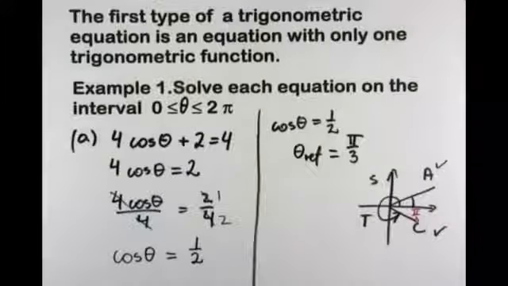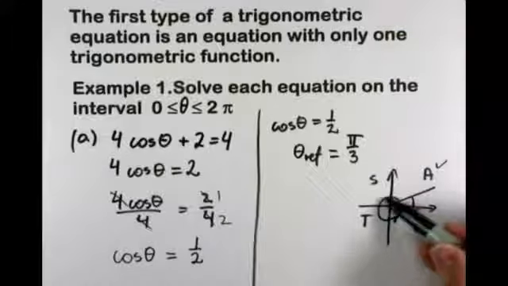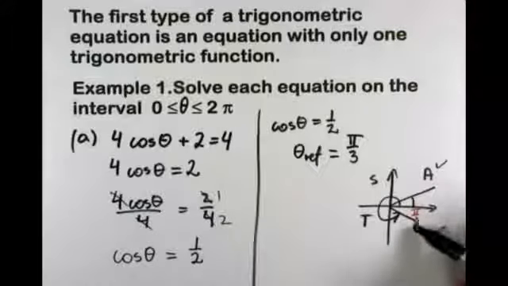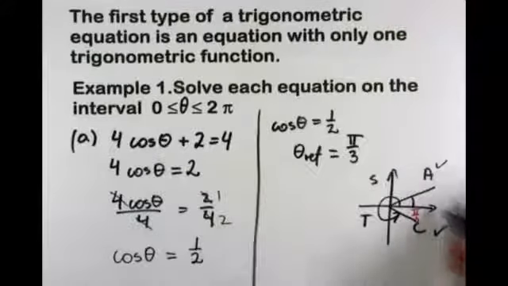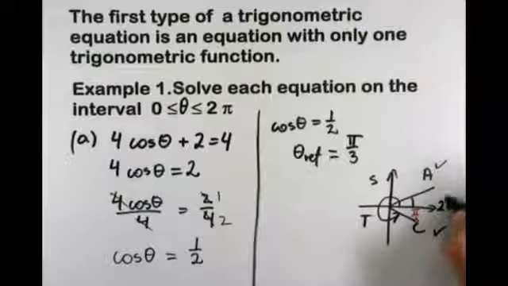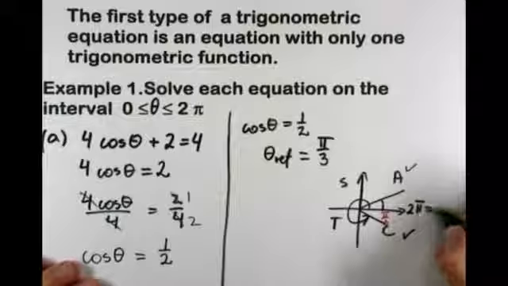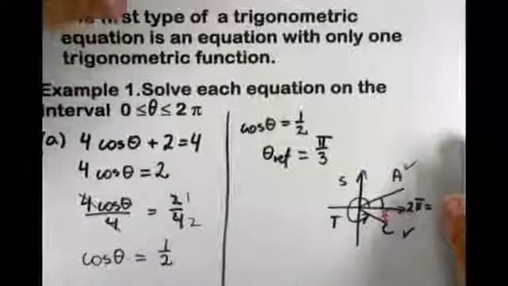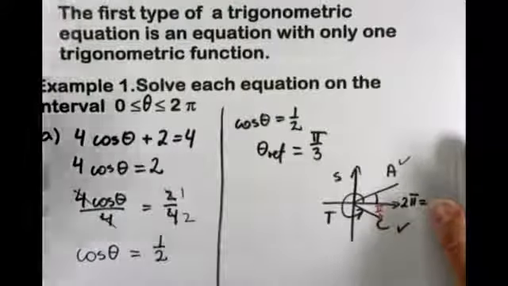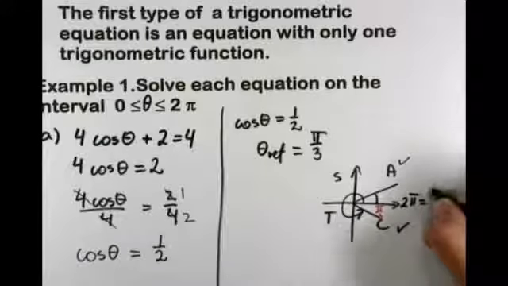So that would be the whole revolution minus this pi over 3. Whole revolution is 2 pi, or in terms of thirds, 2 whole in terms of thirds is 6/3 pi.